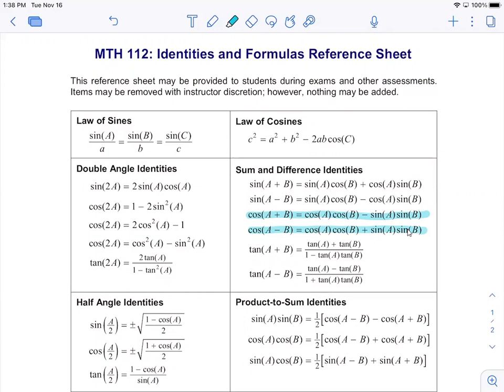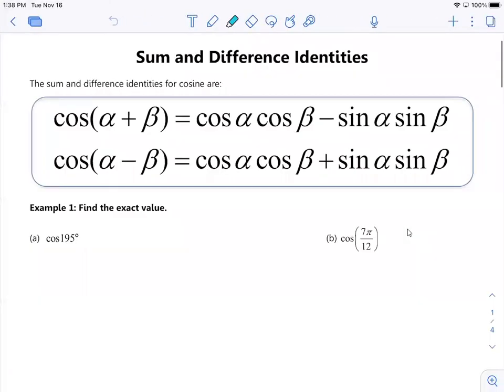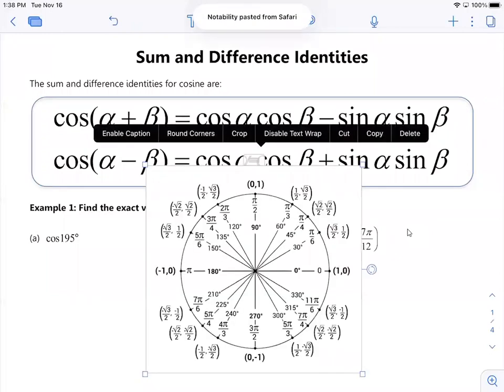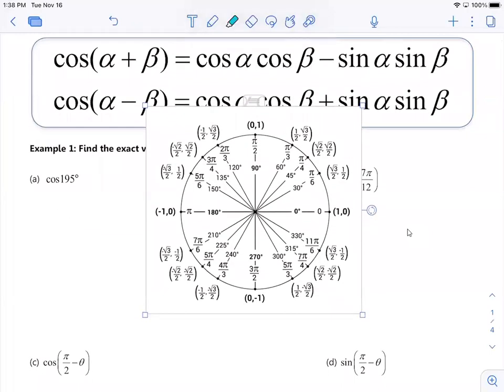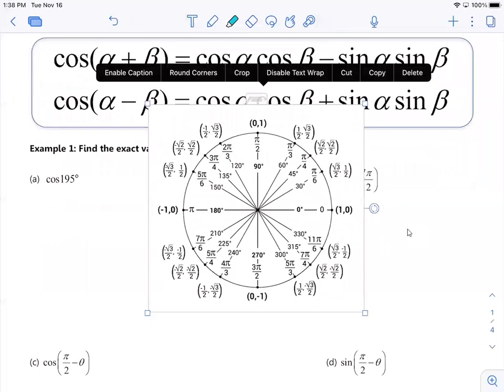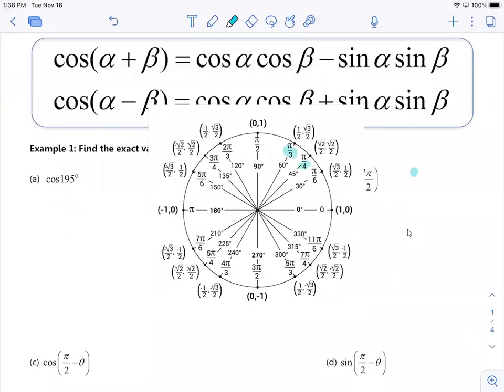The reason we have these is because we have this beautiful unit circle that we have been messing with for so long. But we only have certain values, right? We only have pi over 6, pi over 4, all these reference angles that will create special right triangles.